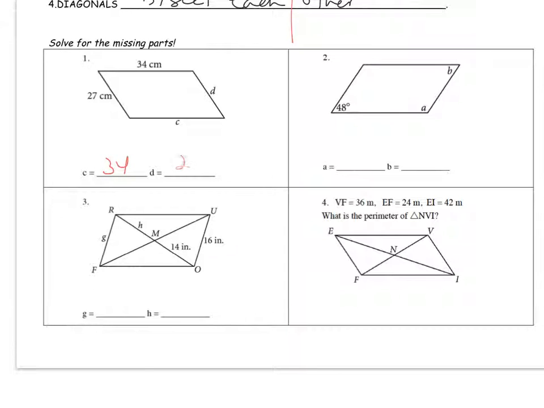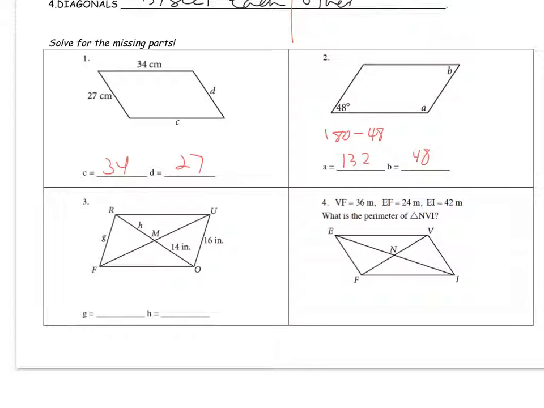D, 27. We'll start with the easy one. What's angle B? 48. Opposite angles are congruent. So what's A? And how did you get 132? 180 minus the 48 gave me the 132. Remember, consecutive angles are supplementary.